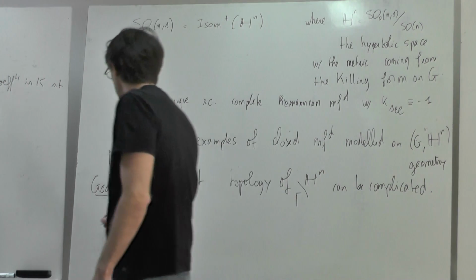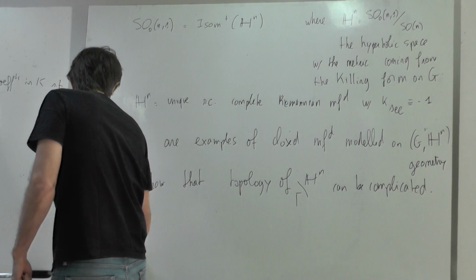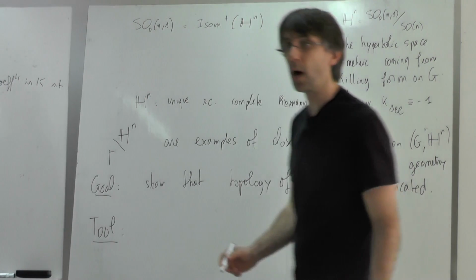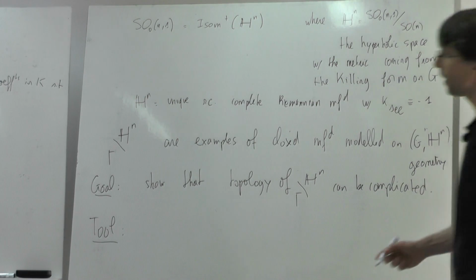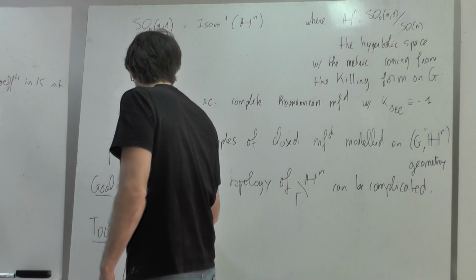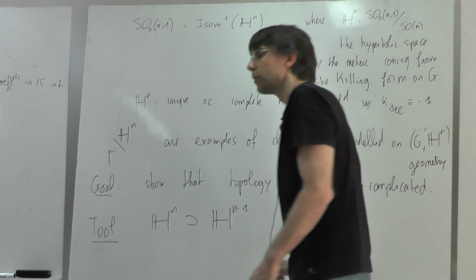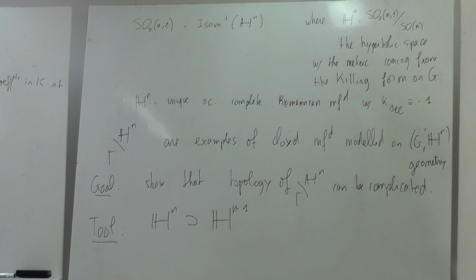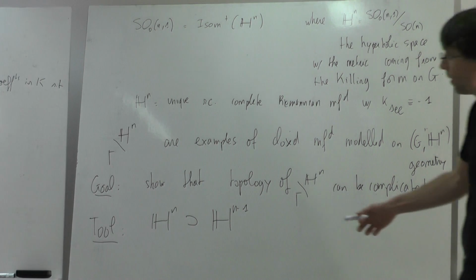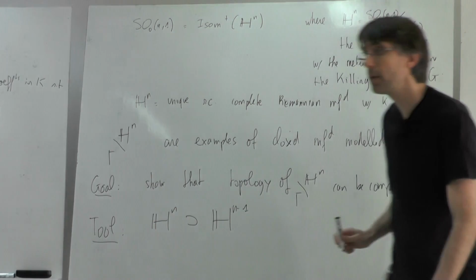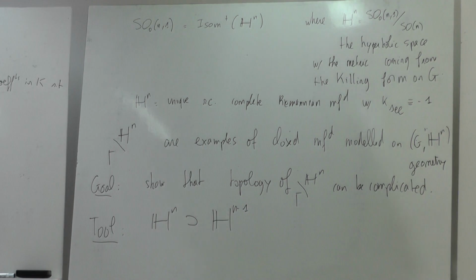And the tool for that will be very particular to hyperbolic geometry, the fact that H^n contains a totally geodesic embedded hyperbolic space of codimension exactly 1.